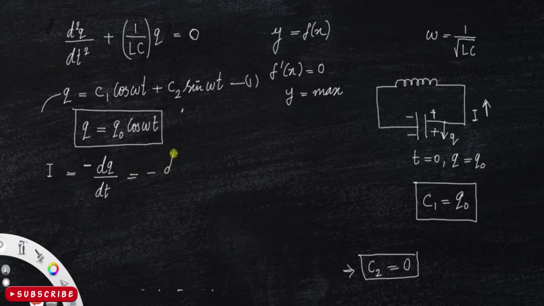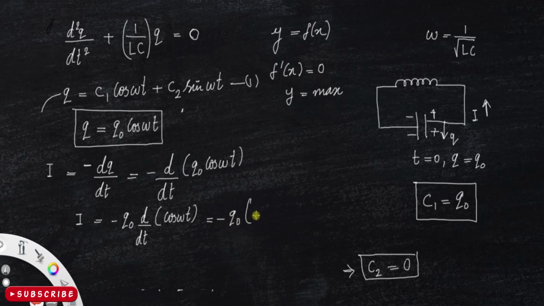So I equals minus d by dt of q0 cos omega t. Since q0 is constant, I can take that out. This is equal to minus q0 into the derivative of cos, which is minus sin omega t into omega.